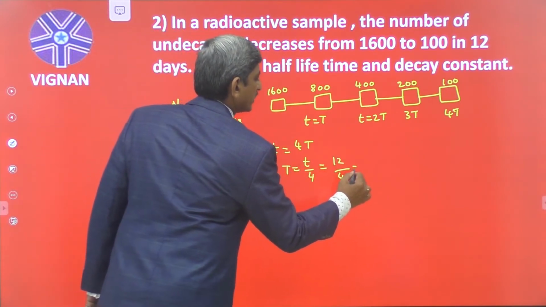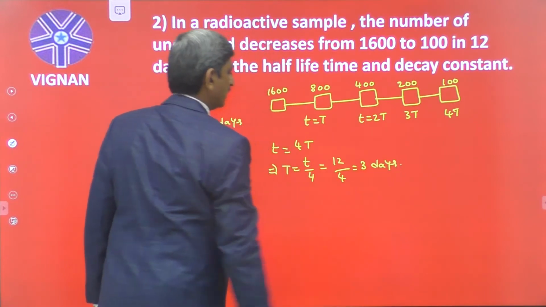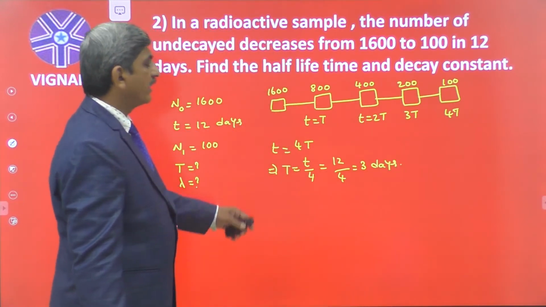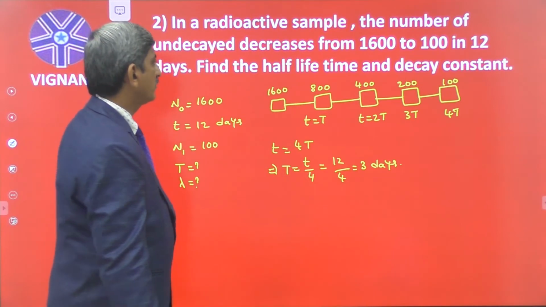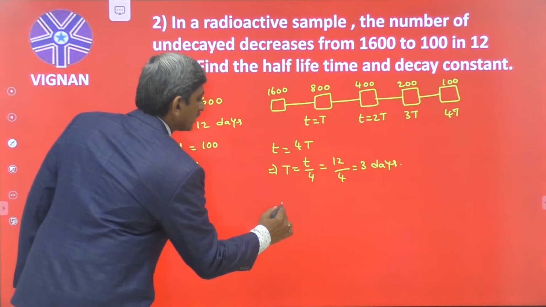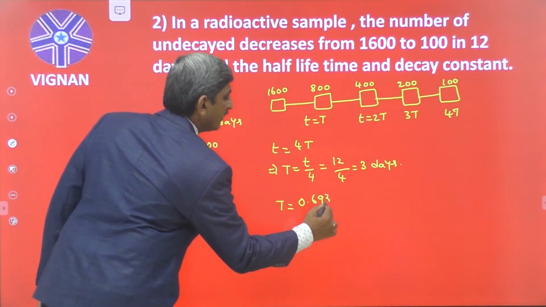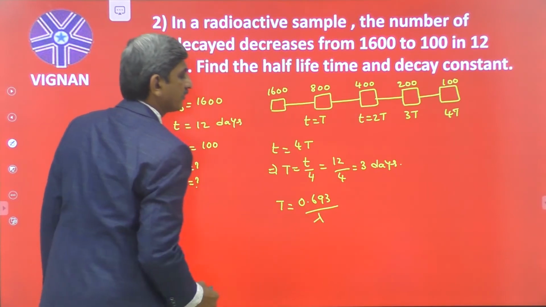So 12 by 4, that is equal to 3 days. Now, by knowing the half lifetime, we can determine the decay constant by using the formula T is equal to 0.693 divided by lambda.